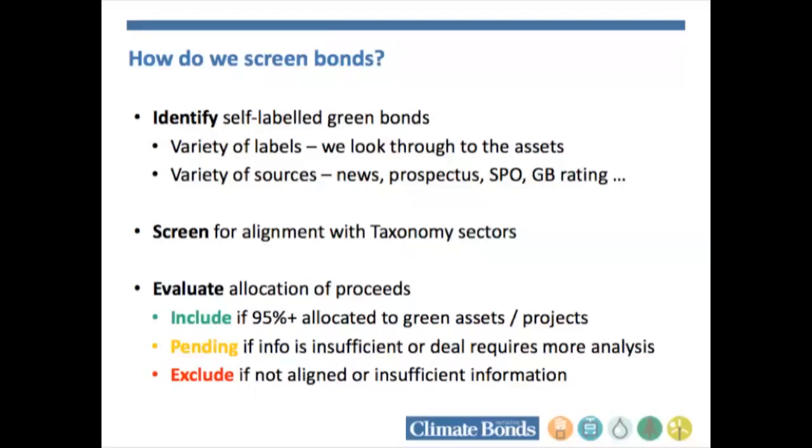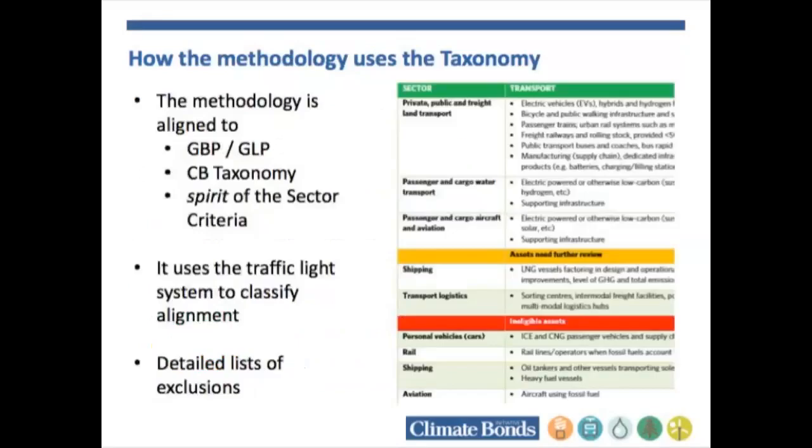So we include bonds where 95% or more of the proceeds are allocated to green assets and projects. We exclude ones that are not aligned or where we don't have sufficient information to make a judgment call. And if we're unsure, then we put the bonds in a pending list whilst we try to obtain additional information and decide which category a bond belongs to.